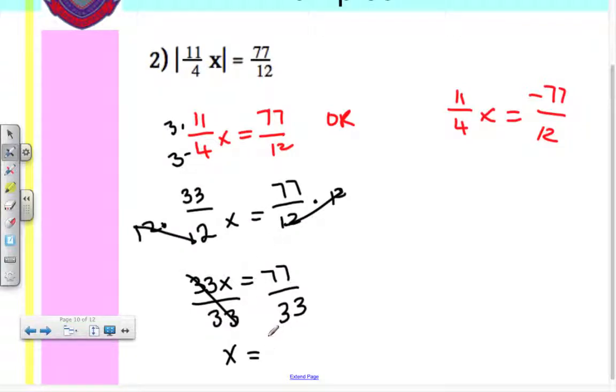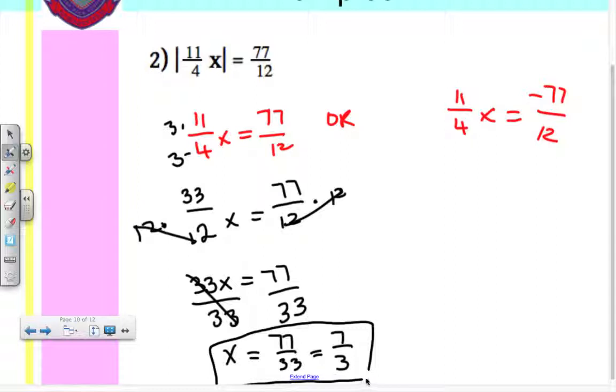X is equal to 77 over 33. If I want to go further, I can divide this by 11 and I will get 7 over 3. Just read the problem. Did it ask you to simplify? If it does, then your final answer would be 7 over 3. If it didn't ask you to simplify and you leave your answer as 77 over 33, that's perfectly fine.